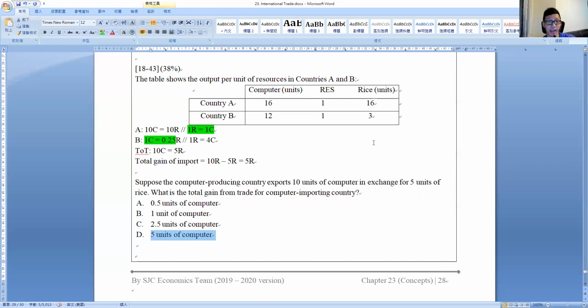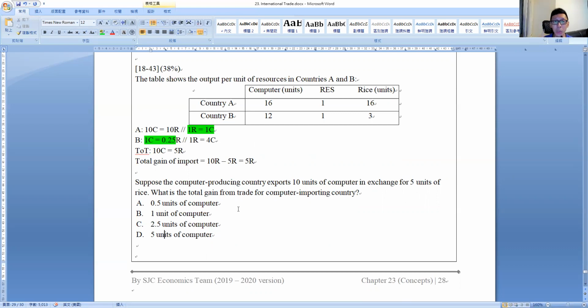Does anyone see any problem? No. The answer is really D. But look here. We are measuring in terms of rice. Look at the question. It asks for computer. Now, the question is, how do we convert rice into computer?